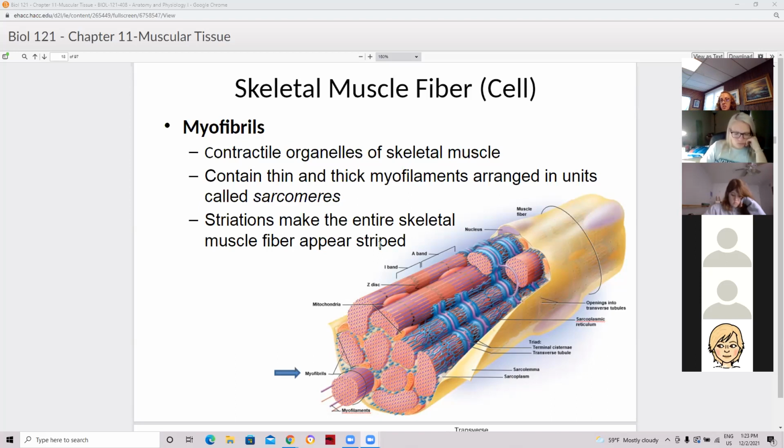The thick filaments look darker, the thin filaments are lighter. So the muscle overall looks striated, light, dark, light, dark.